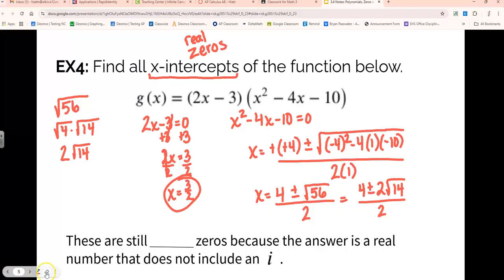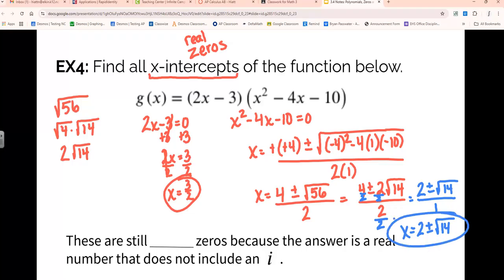So if we divide everything by 2, only the numbers on the outside of the root, not the one on the inside, we would just get 2 plus or minus 1 square root of 14, but we don't have to write the 1. And in the bottom there's a 1, but do we really have to write the 1 in the bottom? We do not. So we'd get 2 plus or minus the square root of 14. So those would be our other 2. That's actually 2 different zeros.